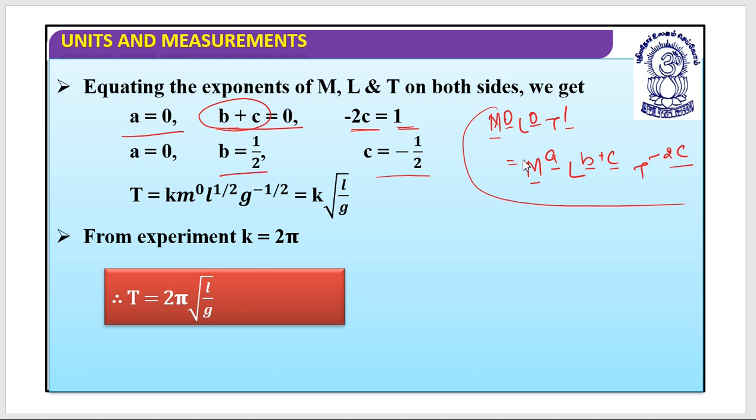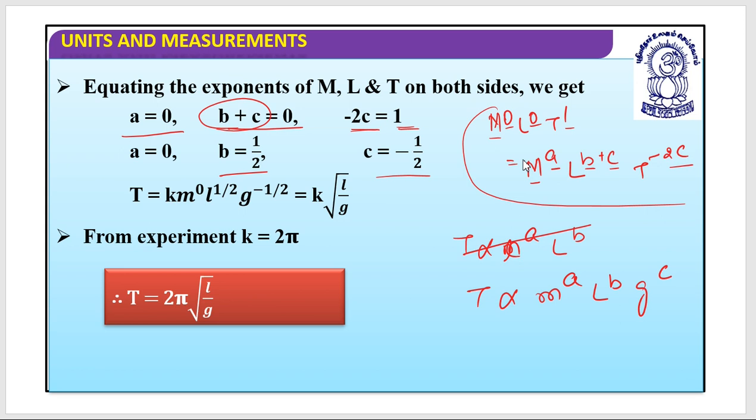So previously we have used m to the power a, l to the power b. Again, t is directly proportional to m to the power a, l to the power b, and g to the power c.